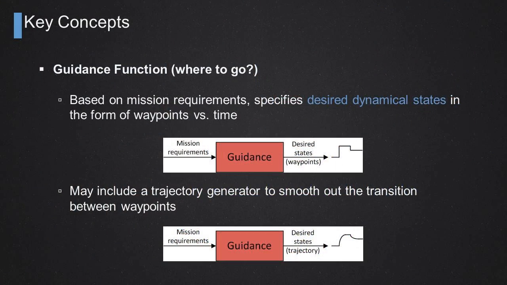Otherwise, if you just tell your spacecraft, well, I want you to be 10 kilometers ahead, for example, for a rendezvous and docking scenario in 20 minutes, then that means that the controller will have to digest a large initial error in terms of position tracking errors between where it is currently and where you want to go. So the way to solve this problem is by feeding the controller with a continuous, smooth trajectory. So these are the two main approaches to the guidance function.